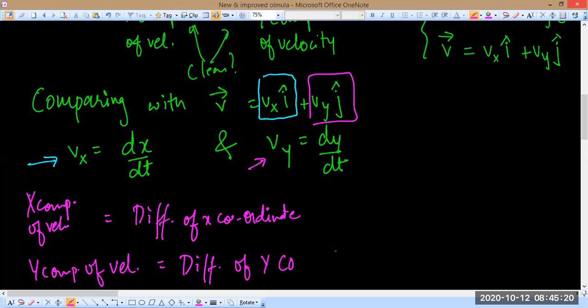Do you agree with these two sentences? x component of velocity by doing differentiation of x coordinate, y component of velocity by doing differentiation of y coordinate.